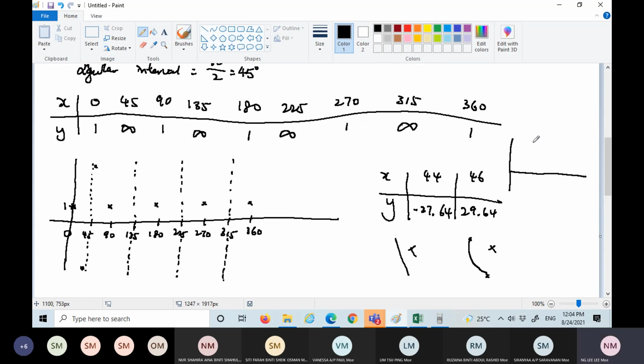Original tangent graph, here is the asymptote at 90 degree. The shape is like this. And then with the negative is a reflection. Come down here. So the shape will become like this.